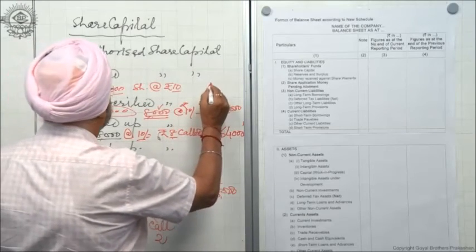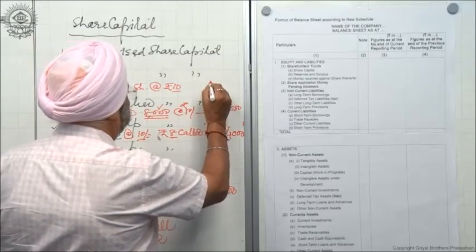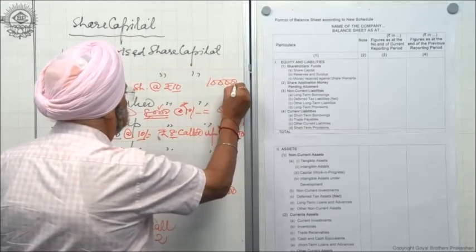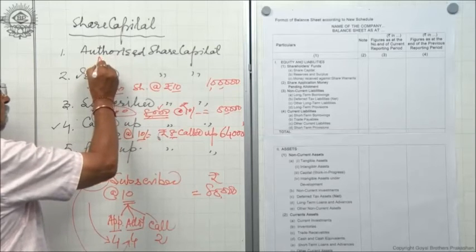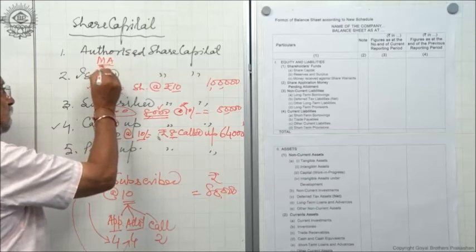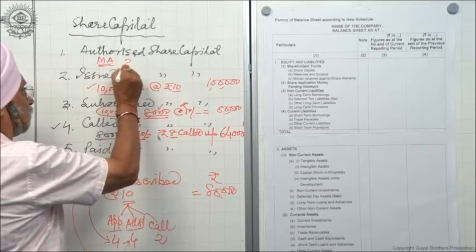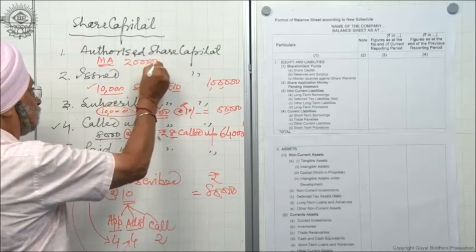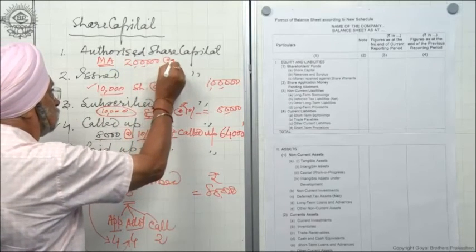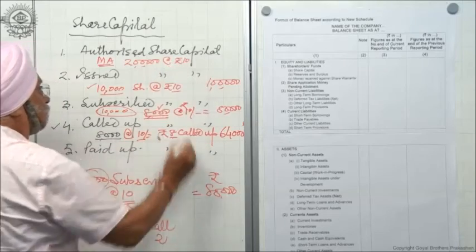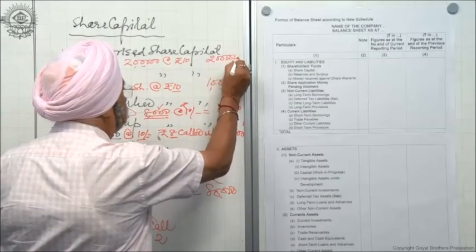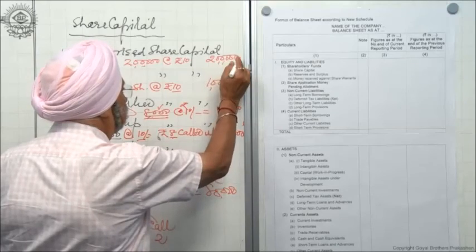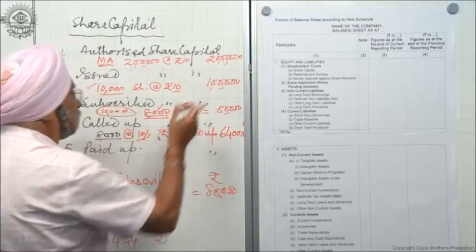So this is 1 lakh. Or in the memorandum of association, it is given that the company can issue 2 lakh shares. Company can issue 2 lakh shares of rupees 10. That means this is 20 lakhs. Look here, or be clear.